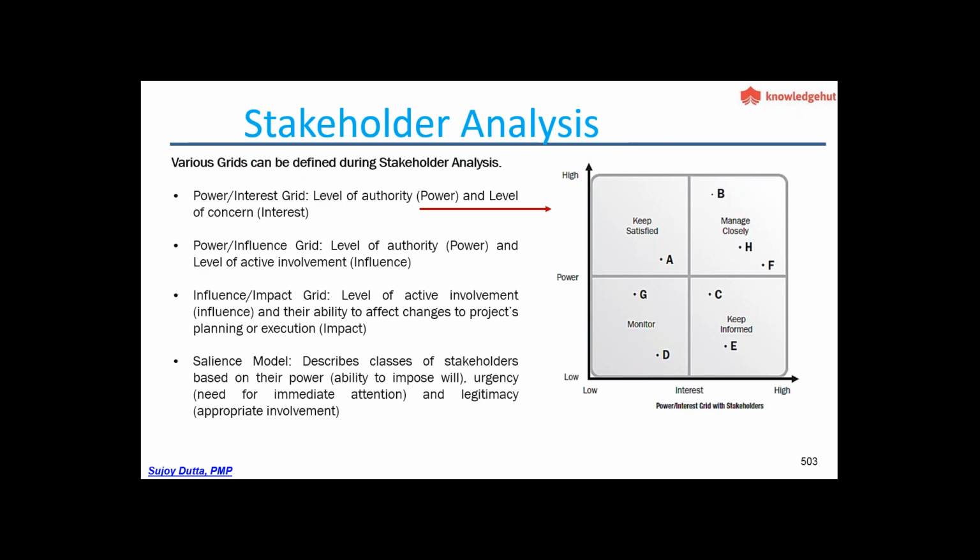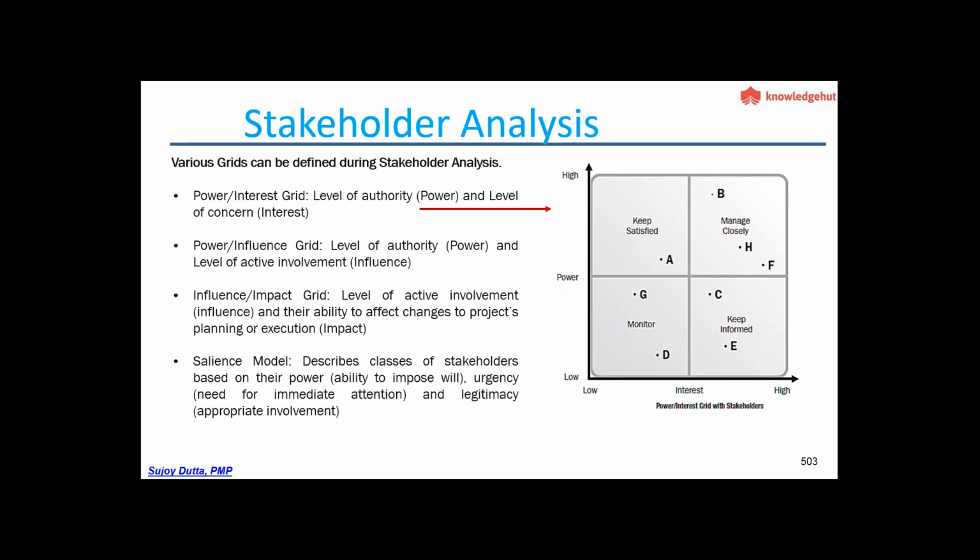So this is one of the analyses. It is called a power interest grid. The power is plotted on the y-axis, on a scale of 0 to 100, where 100 is called high, and a quadrant is formed out of the interaction of these.